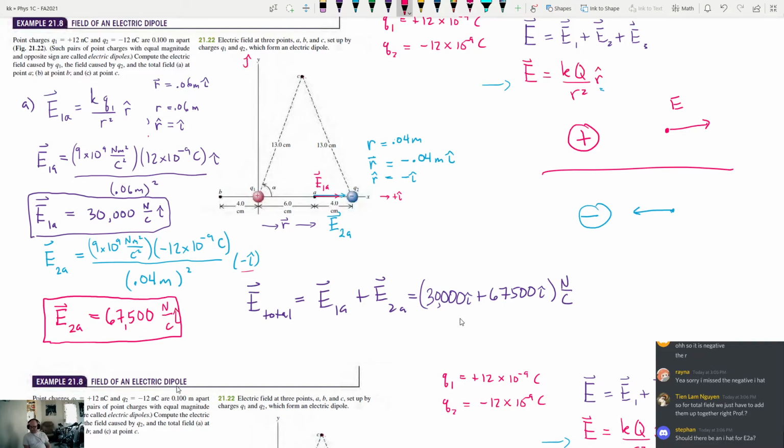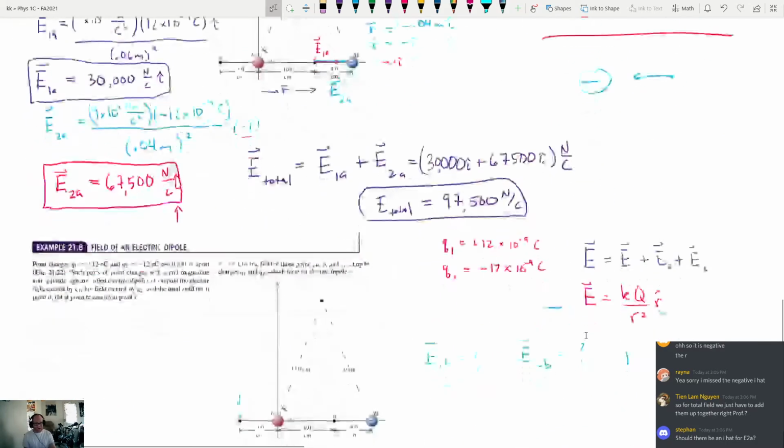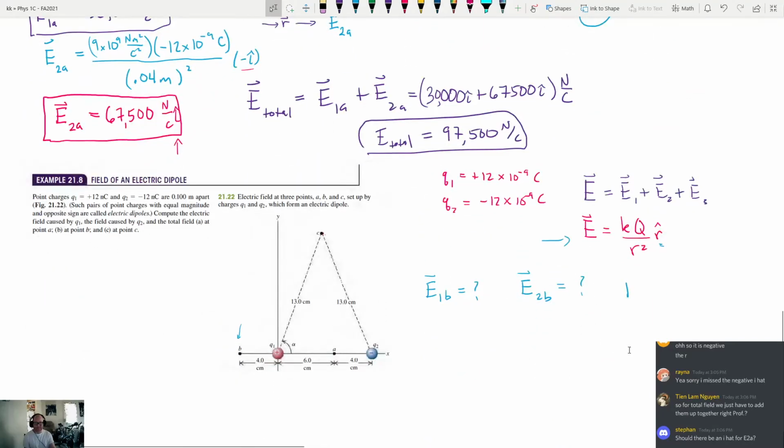I left that off. Sorry about that. I fixed that. So then we get an answer of 97,500, right? So E total is 97,500 i hat newtons per coulomb. Alrighty, so that's the answer to the first part.